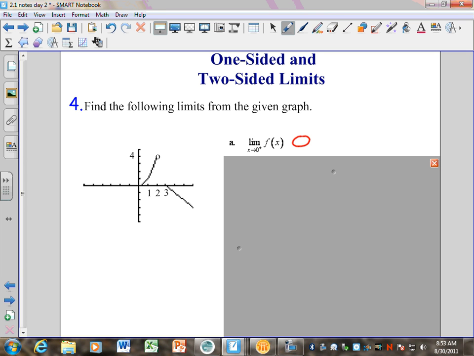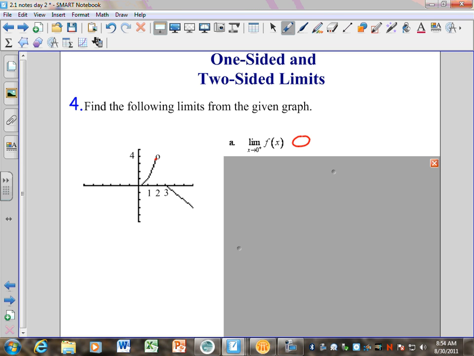What would you say the limit as x approaches 0 coming from the left would be? Kind of tricky here. We're following the graph, right? As I'm coming from the right, I pick up on this graph and I can follow it down, and the points are getting closer and closer to 0.